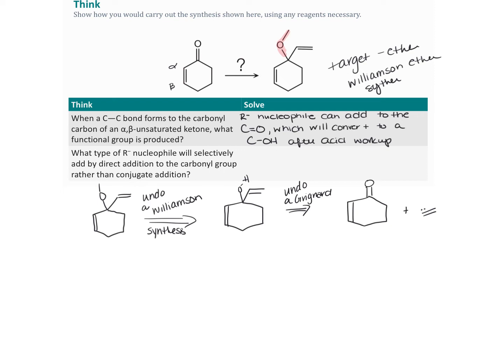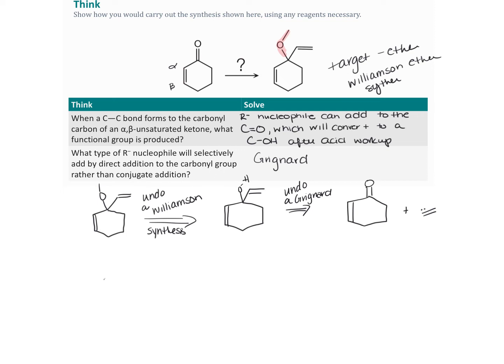And the reason that Grignard there is a go-to is because it'll selectively add by direct addition, right? So the second question here, which is what type of R nucleophile will selectively add by direct addition, it's that Grignard. Okay.